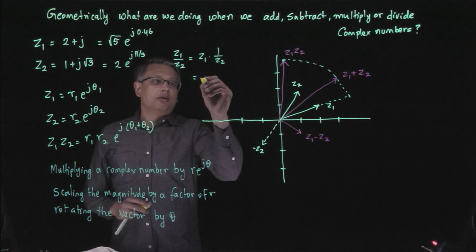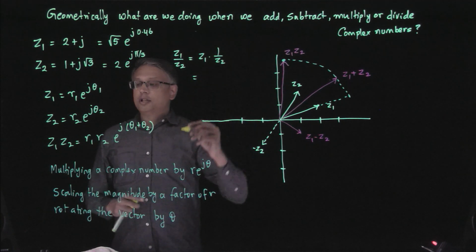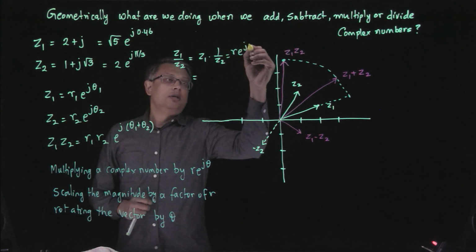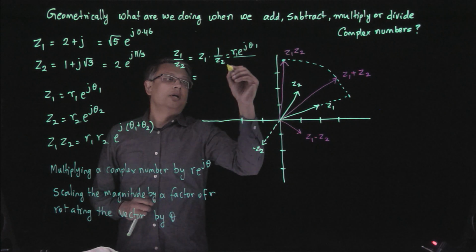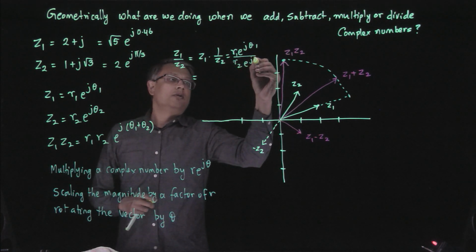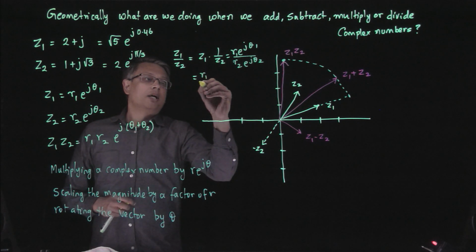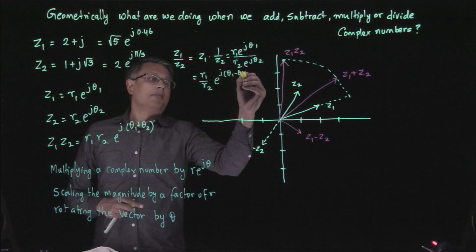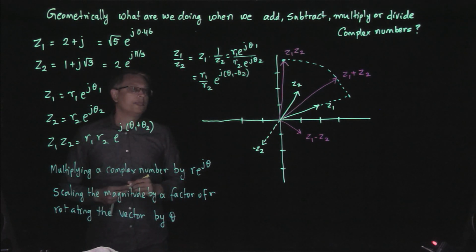And if we think of them in terms of polar coordinates, this is r1 times e to the j theta 1 divided by r2 times e to the j theta 2. So the new magnitude becomes r1 over r2, times e to the j (theta 1 minus theta 2).